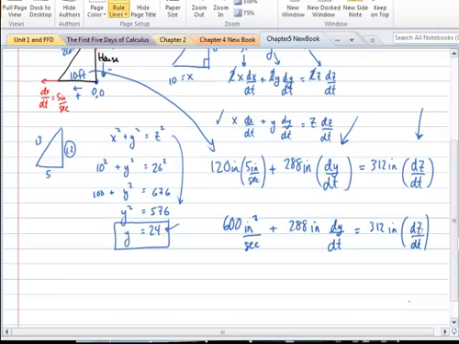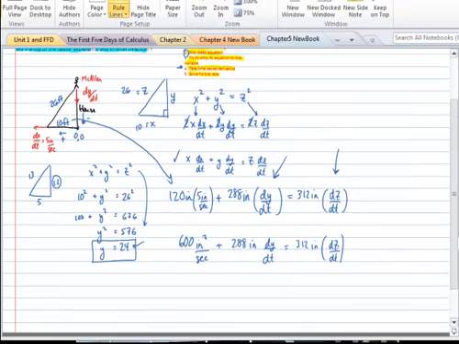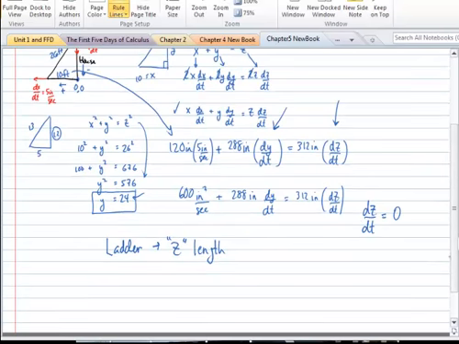Okay, well, we're back, and here's the thing. Hopefully you came to the conclusion from looking at the problem that because this is a ladder, the z length does not change. And when the z length does not change, dz dt is equal to 0. That simplifies things a great deal for us, because now we're able to cancel this term out completely.